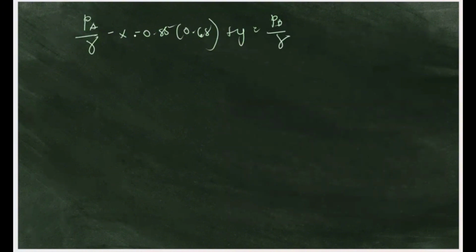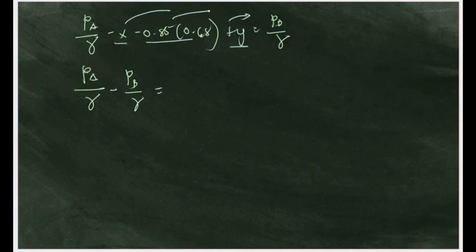So, lipat natin para maging X minus Y. So, this will become P sub A over gamma minus P sub B over gamma. Lahat to ay nilipat natin sa kabilang side ng equation. Yung ating P sub B, nilipat natin sa left.